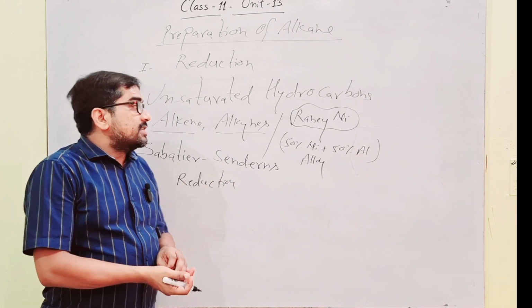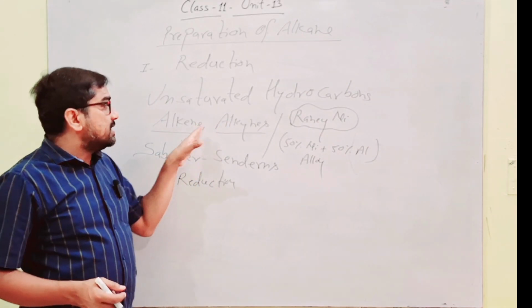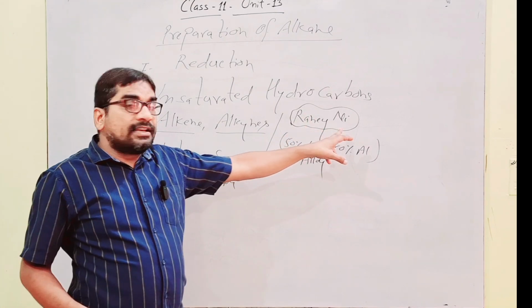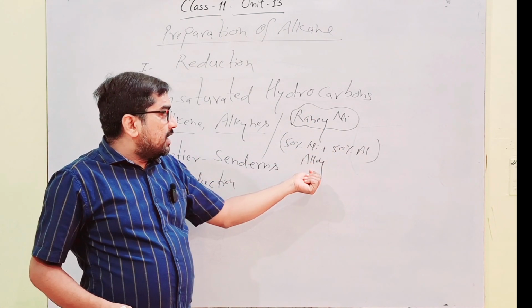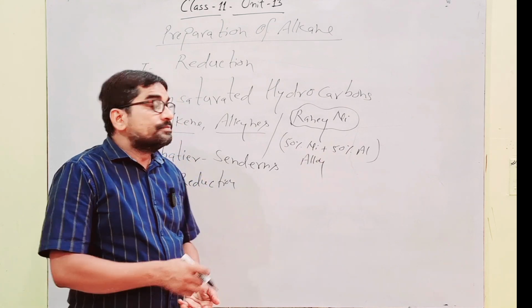Sabatier-Senderens reduction is whenever reduction of unsaturated hydrocarbons, alkenes and alkynes, is carried out in presence of Raney-Nickel, an alloy of aluminium with nickel 50-50%.